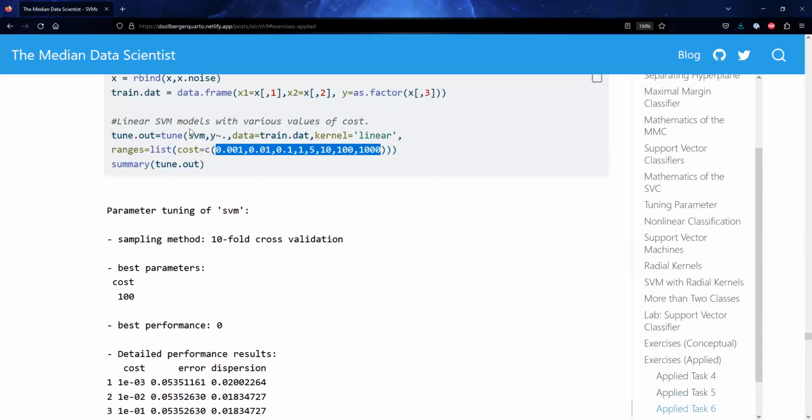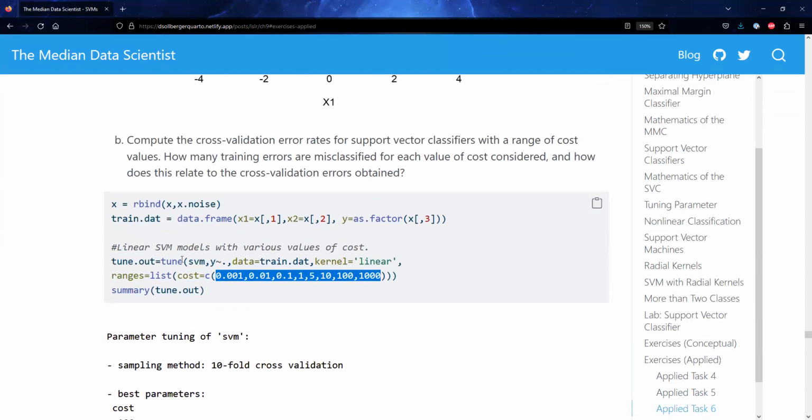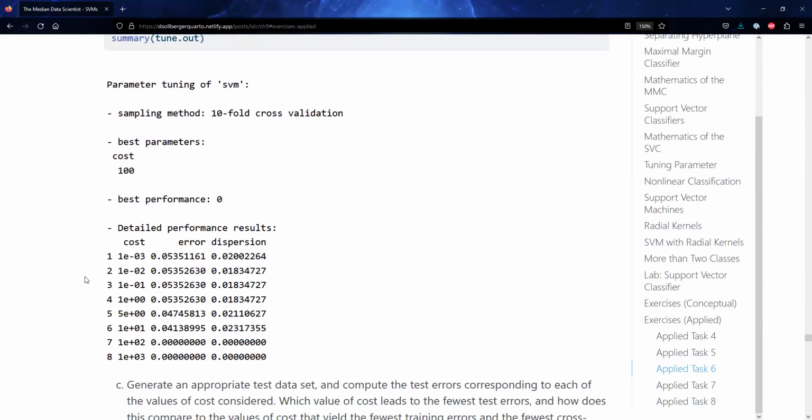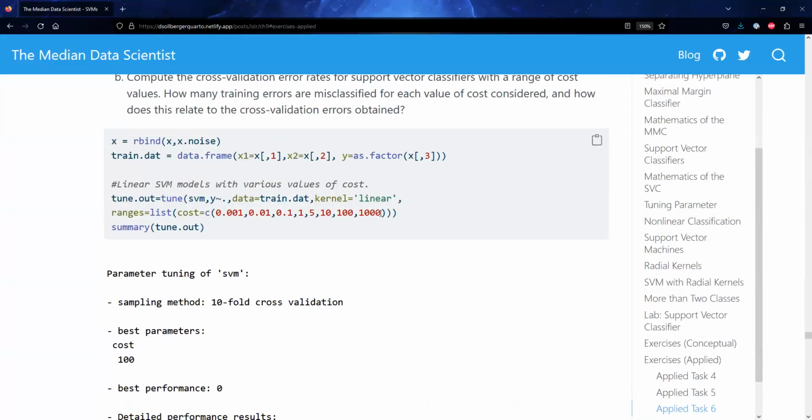When you actually run the tune program, if you look at the output, you get something that looks like this here. So we're performing tenfold cross-validation with these values of cost.